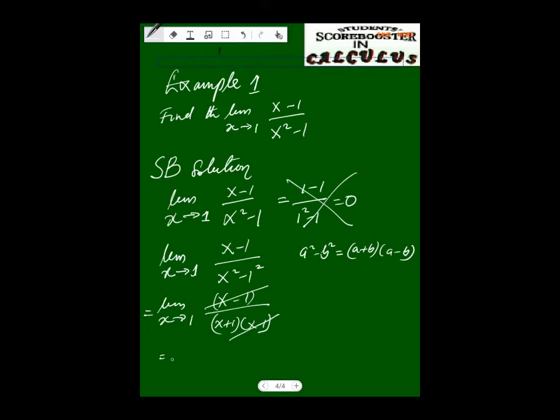So we're going to have limit x tends to 1 of 1 over x plus 1. If you substitute the value of 1 into this, you're going to have 1 over 1 plus 1, which is 1 over 2, and this will be 0.5. As simple as that.